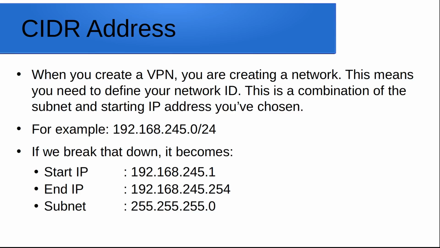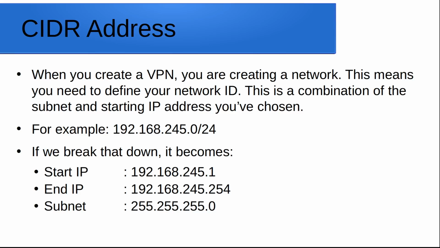And you know all about those because you're taking CSN, right? Your network ID is going to be shown in this CIDR notation. We're going to use 192.168.245.0/24, which means those first 3 octets represent the network, right? And this last octet here represents hosts on the network.